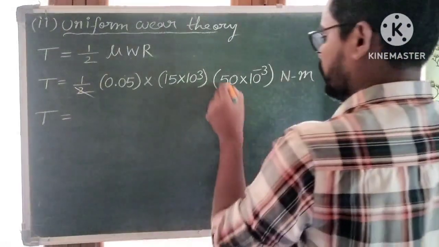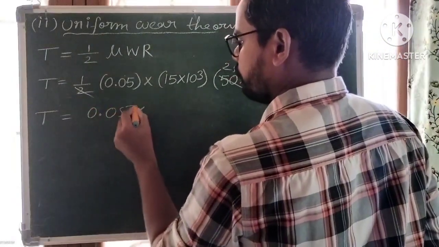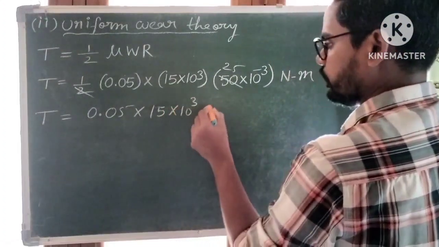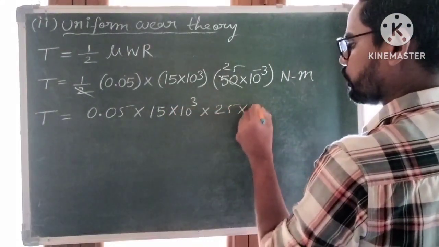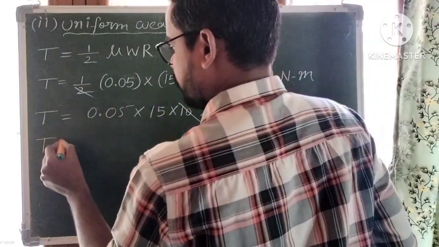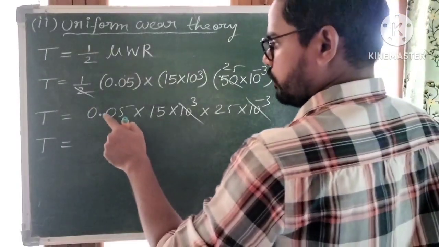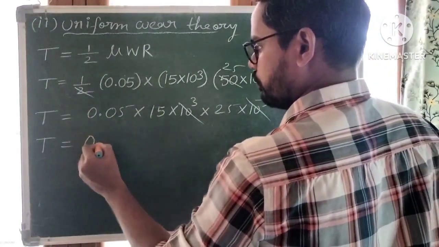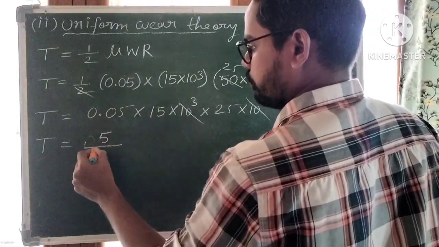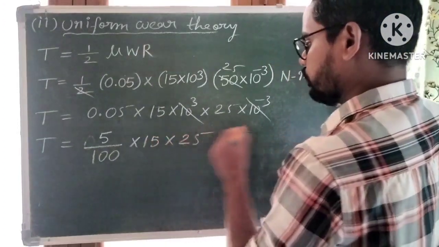So T is equal to half into 0.05 into 15 into 10 to the power of 3 into 50 into 10 to the power of minus 3. 10 power 3 and 10 power minus 3 get cancelled. So 0.05 can be written as 5 by 100, into 15 and into 25.